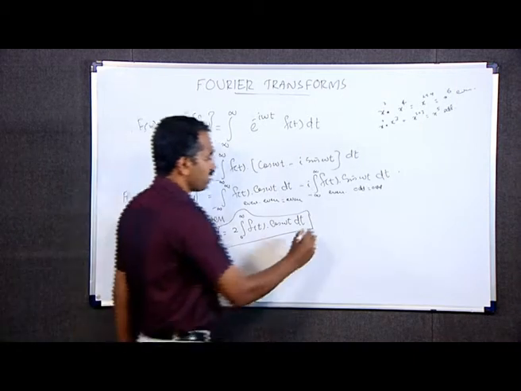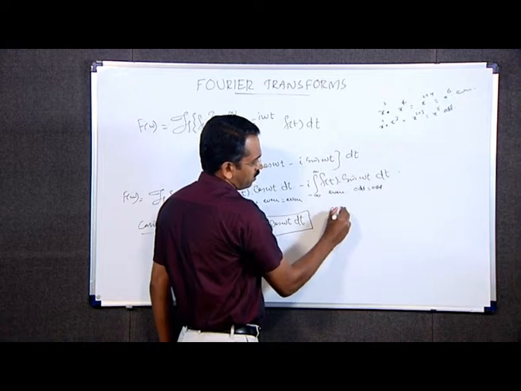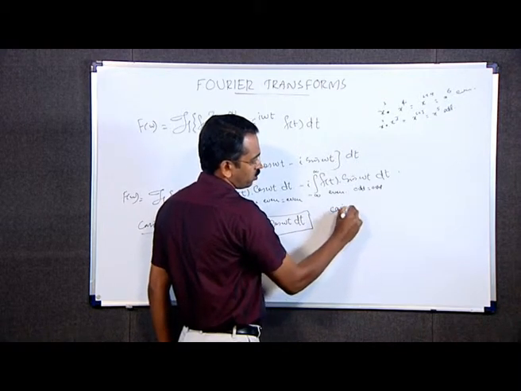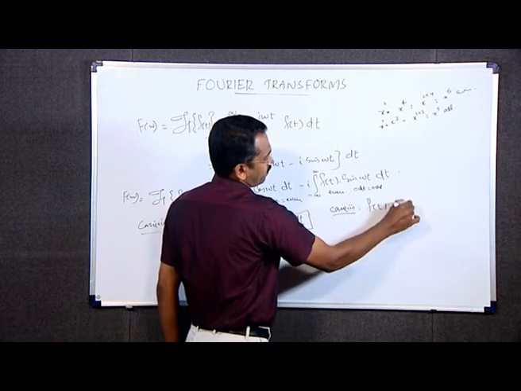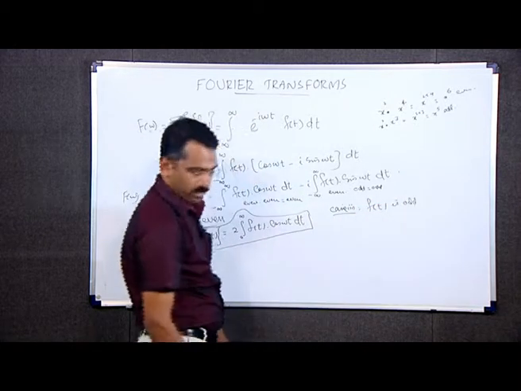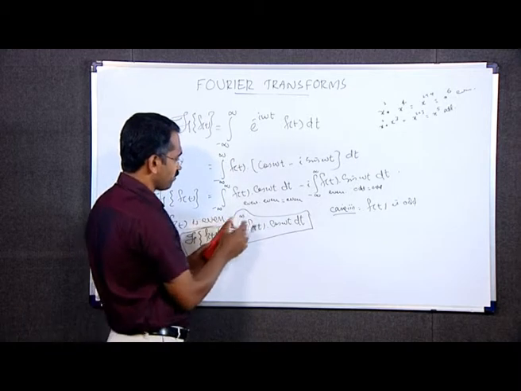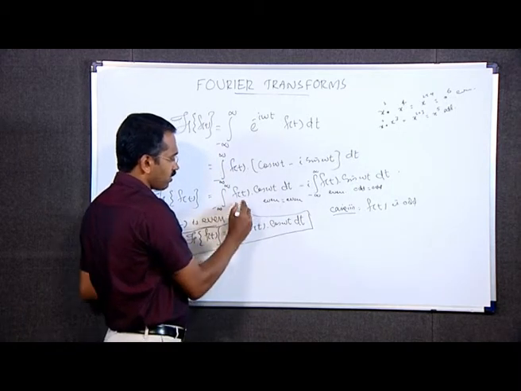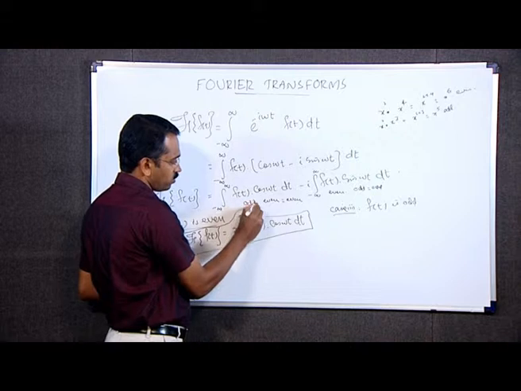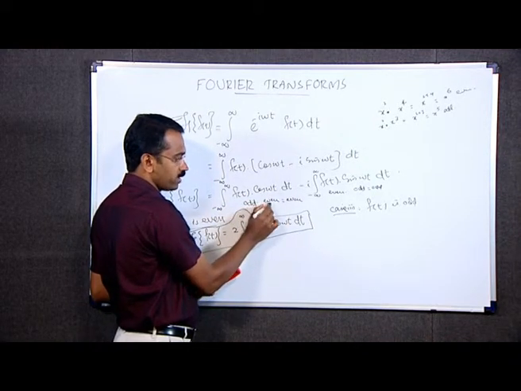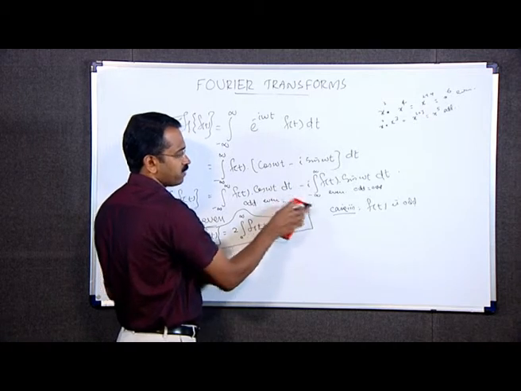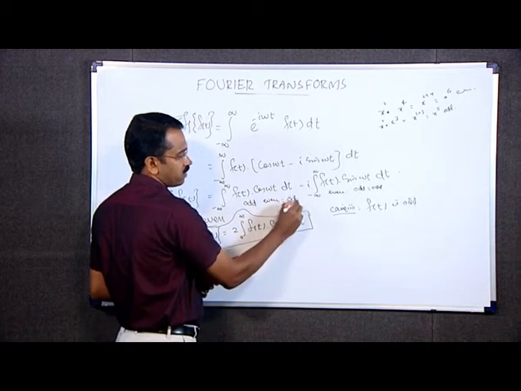Now consider the case: f of t is odd, case 2. In which case this function is odd, and an odd function into cosine function, which is even, means an odd function.